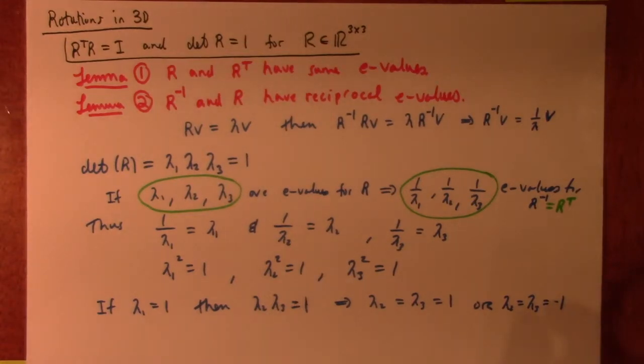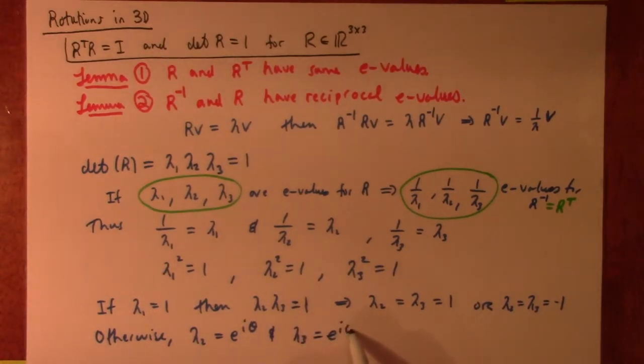All right. Otherwise, as we'll see in more detail in future lectures, lambda 2 would be like e to the i theta, and lambda 3 would be e to the minus i theta.